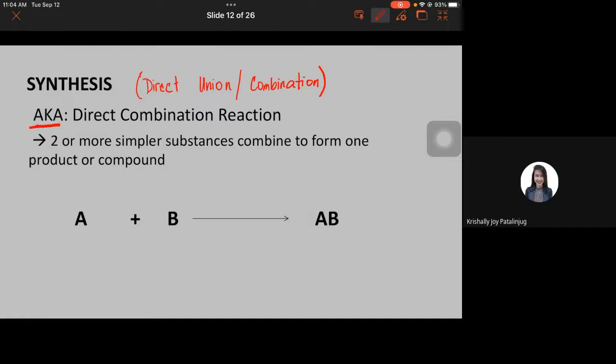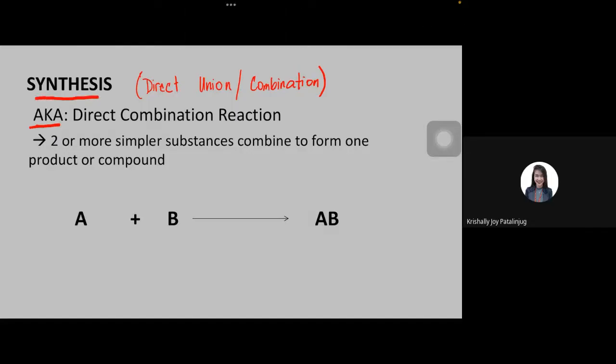Also known as direct combination reaction. Based on the term, this tells us that in the chemical reaction, a product is synthesized, a product is formed after we unite or combine substances.